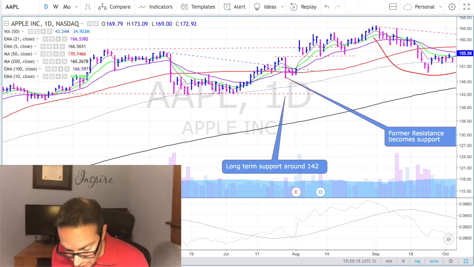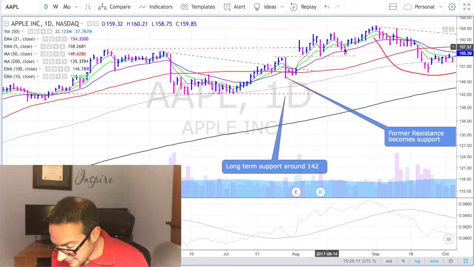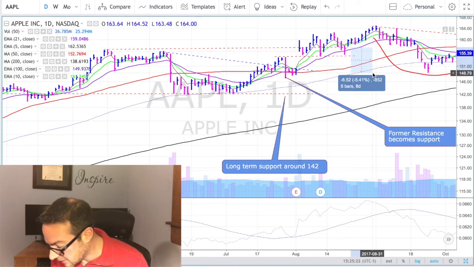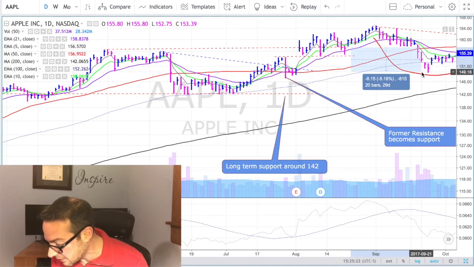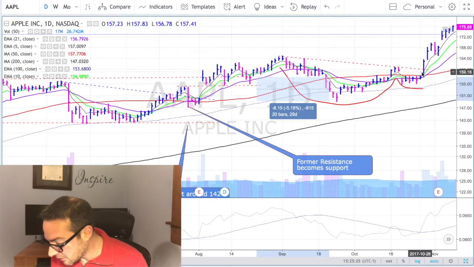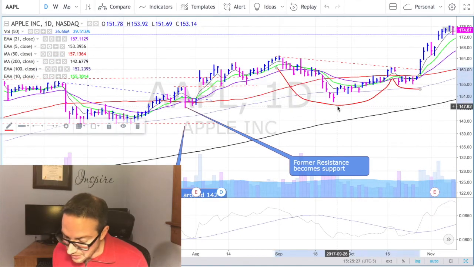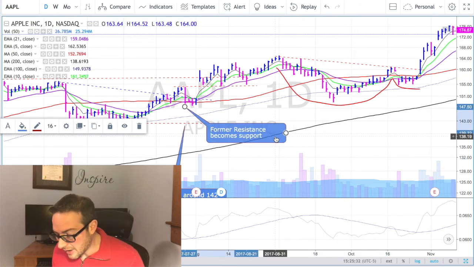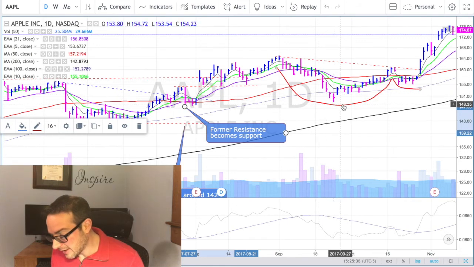And let's see, let's measure that, right? So let's assume that you enter up here. You're now sitting with a 5.5% loss on that. So maybe you are able to sit through it, but for me personally, I know that I would have trouble sitting with this trade if that had happened to me.